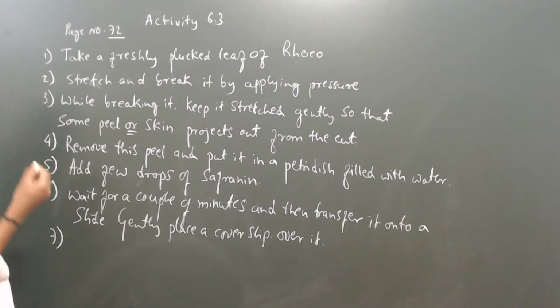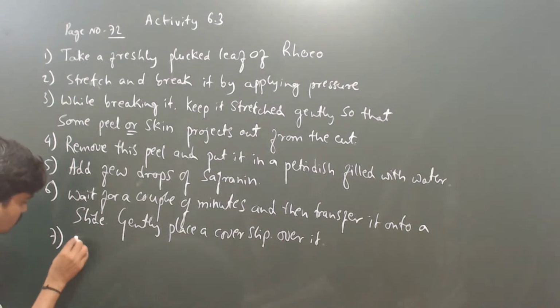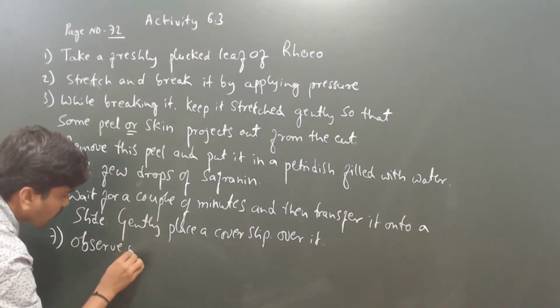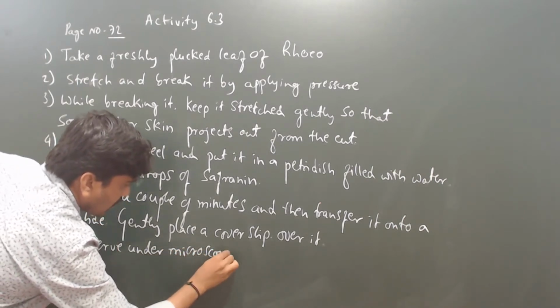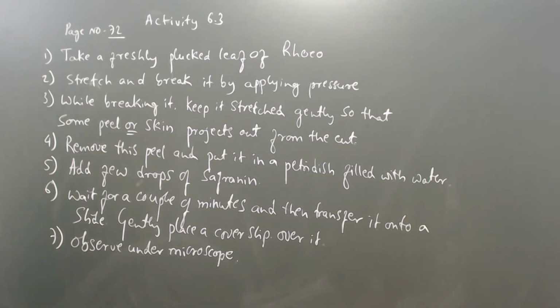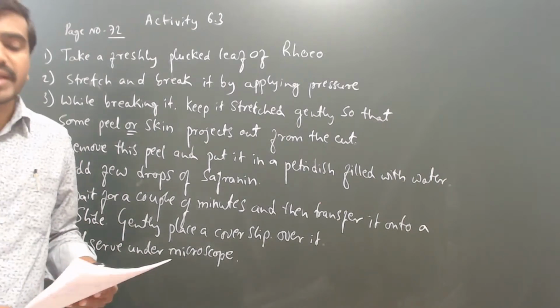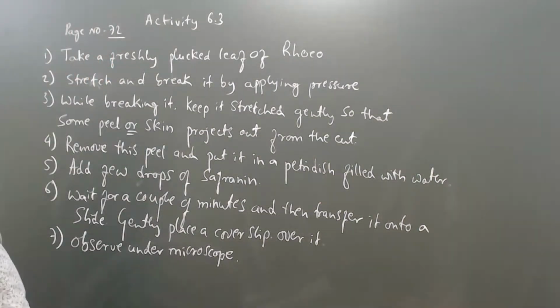Next, last, after this, observe under the microscope. Why? Because here the microscope has a main role whenever you want to see any small tissues, otherwise what we call small microorganisms.